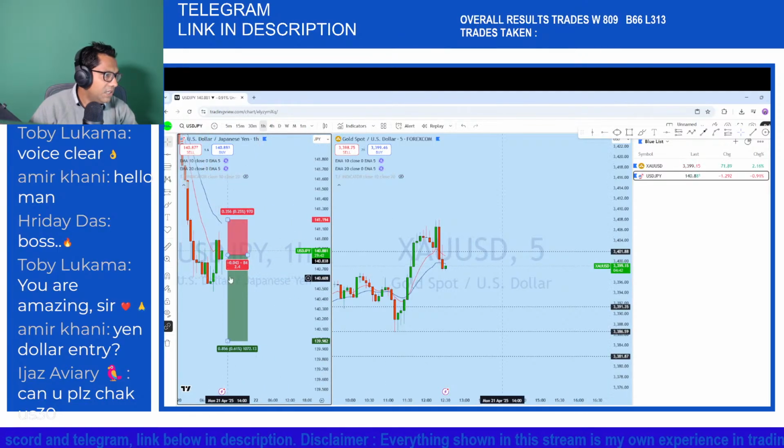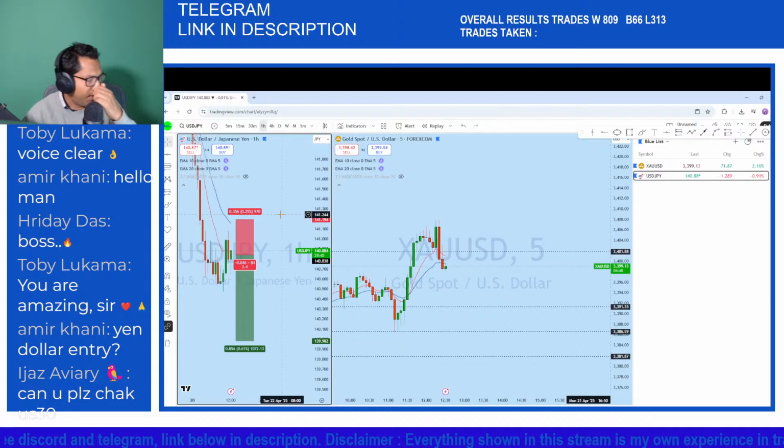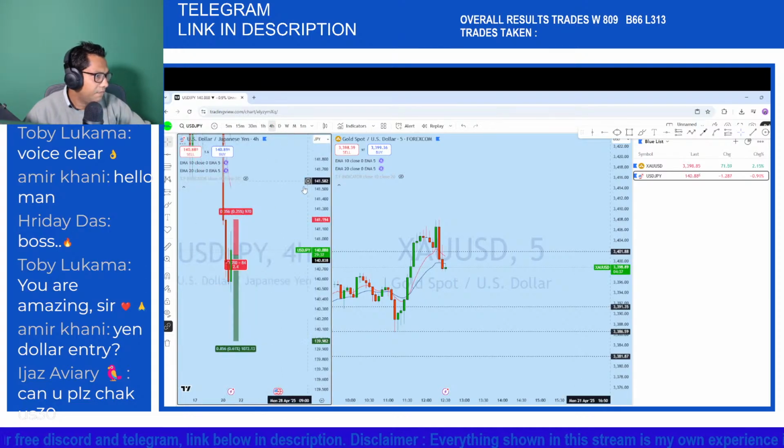Now here what we can see, dollar yen is trying to break above for a deeper liquidity grab.